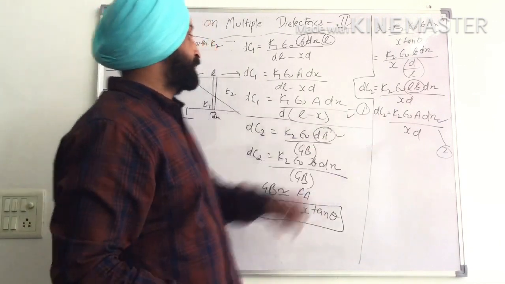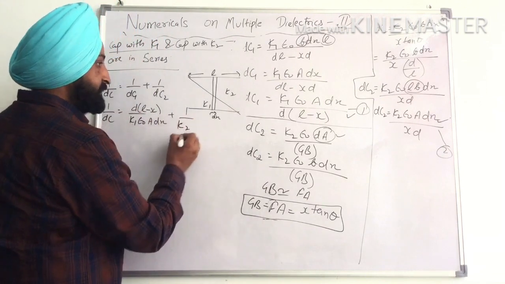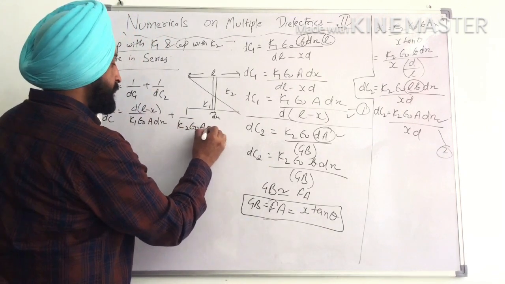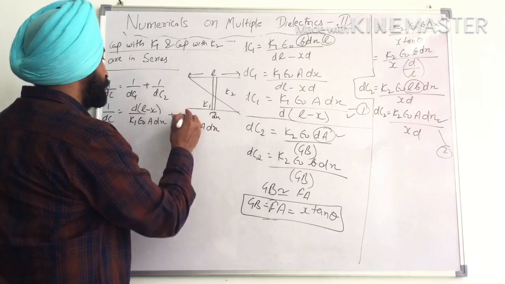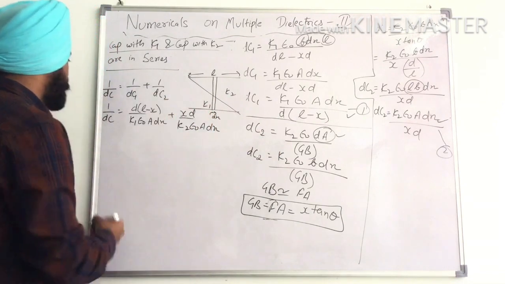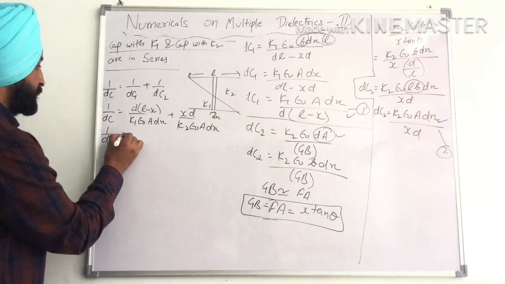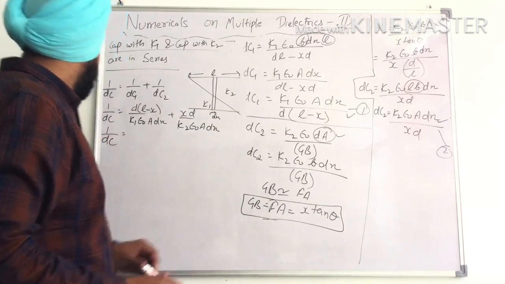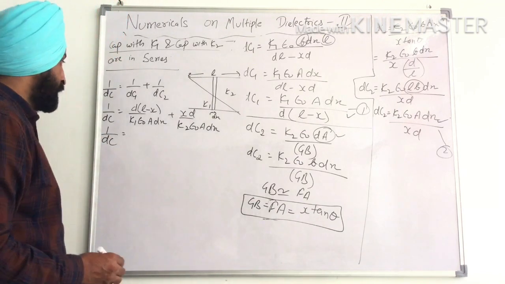DC2 is this. So I will be writing it as K2 epsilon naught A dx, and xd will go over here.